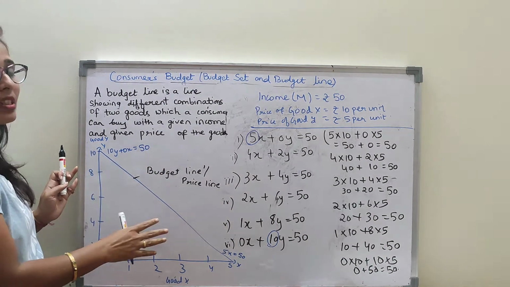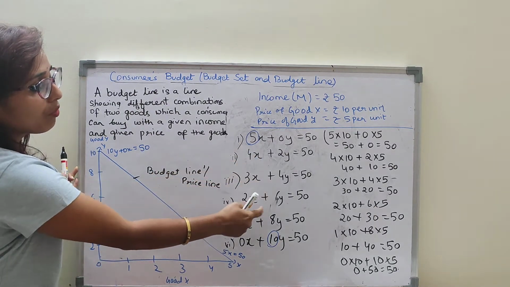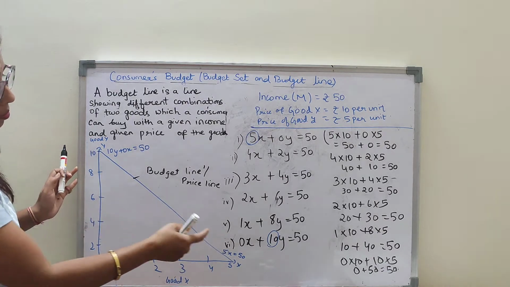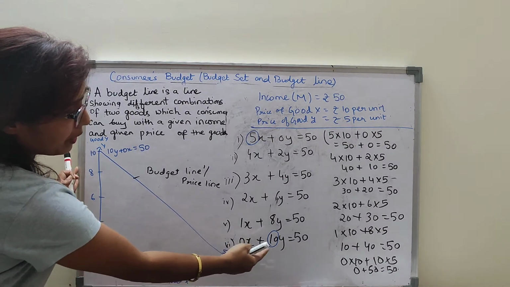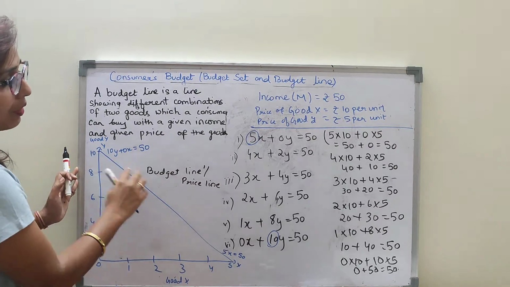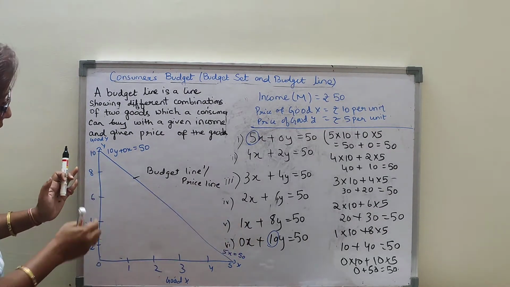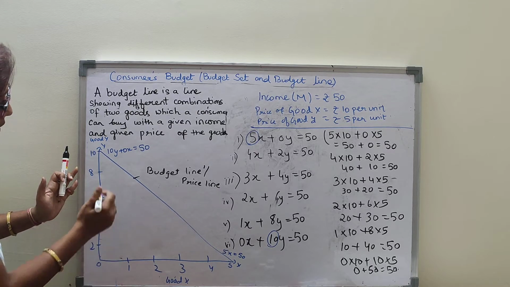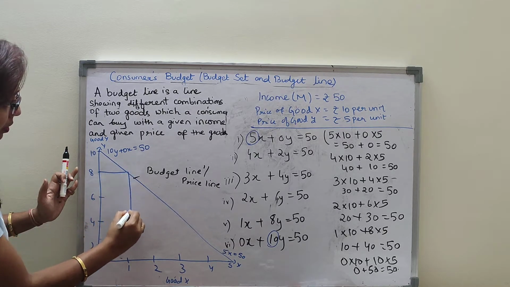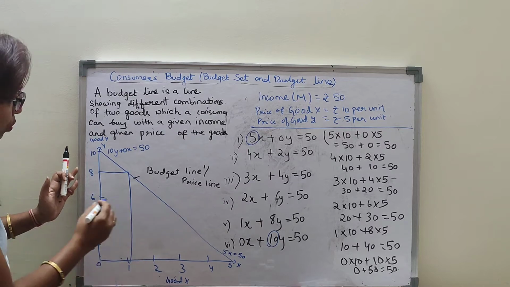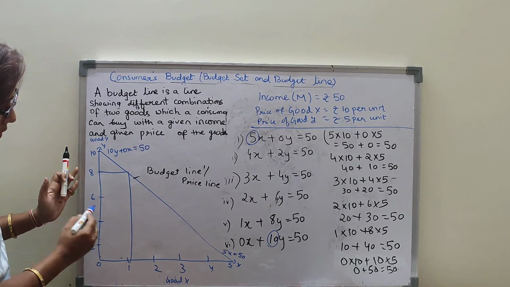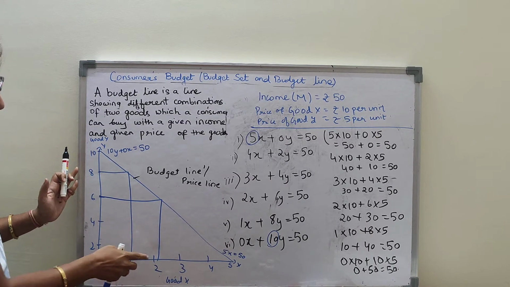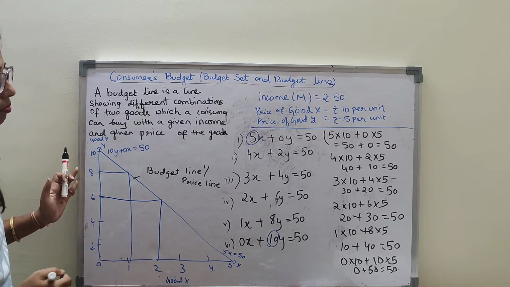Now we can show various other combinations in a budget line. We have already done 10Y plus 0X. We can write like this also: 8Y plus 1X. This is the Y. Clear? 6Y, 2X. This is the X. I'm very bad in drawing, okay?